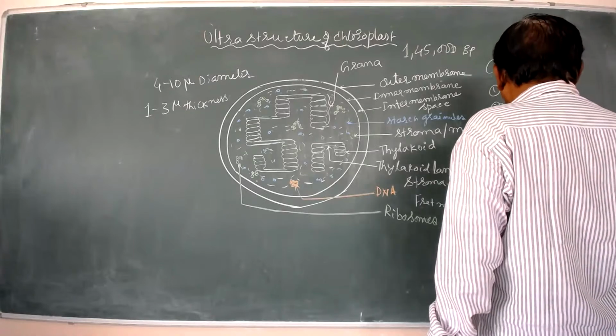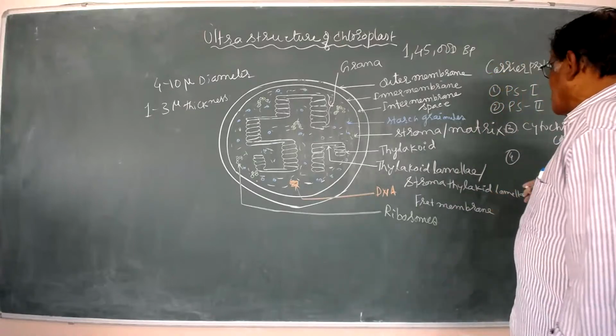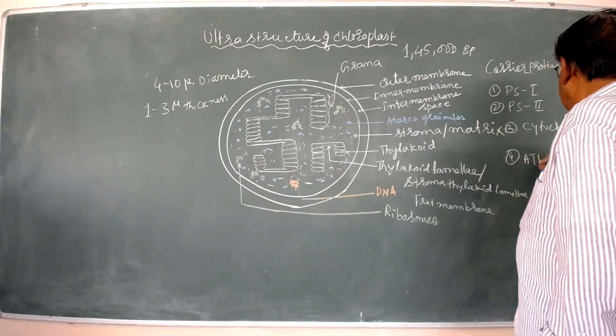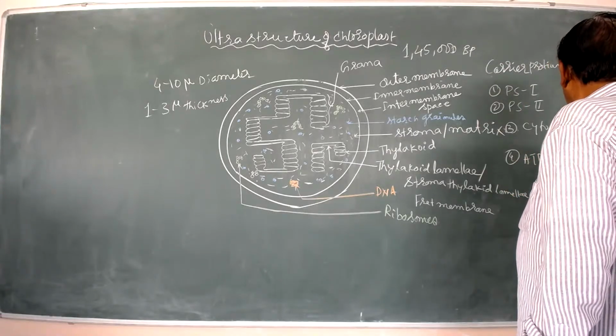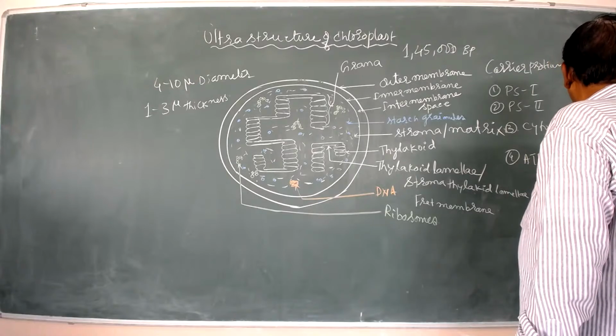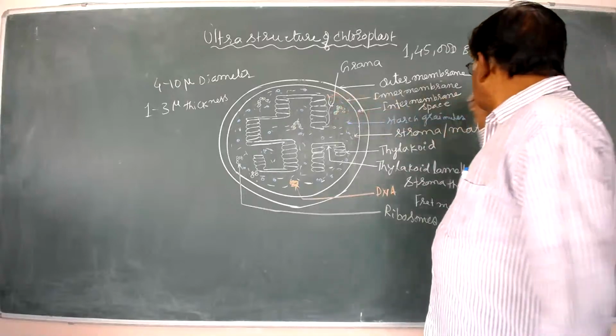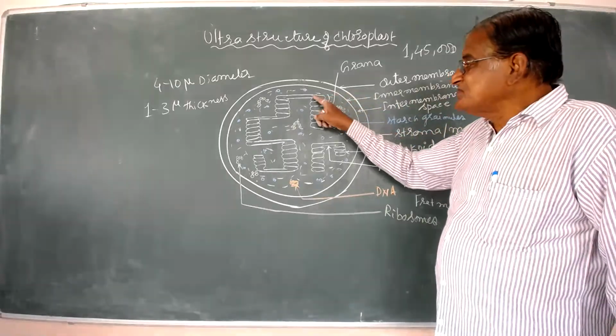And the fourth one is the ATP synthetase complex. So these are the 4 structures which are present.